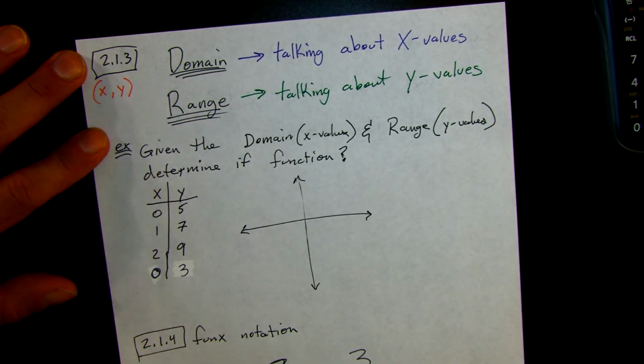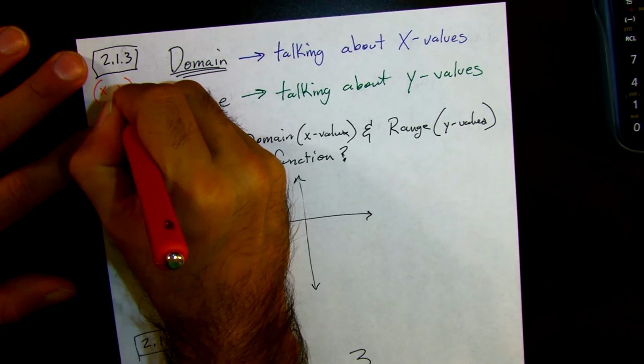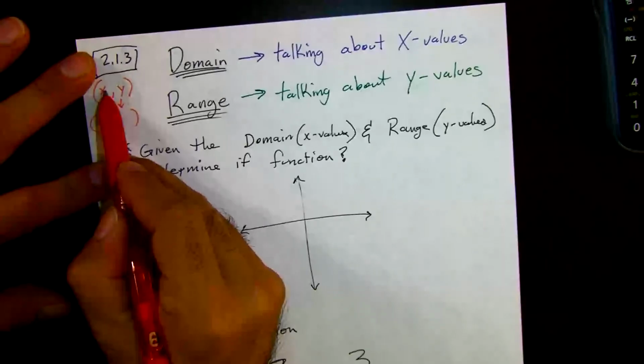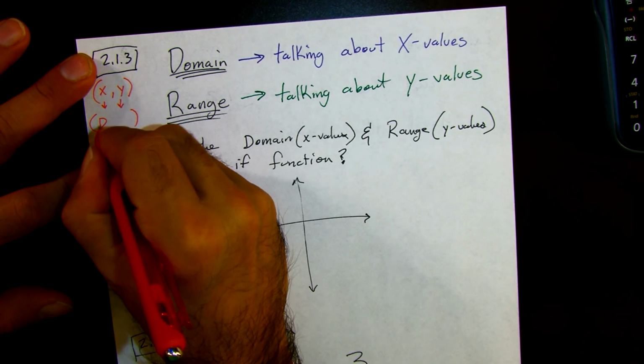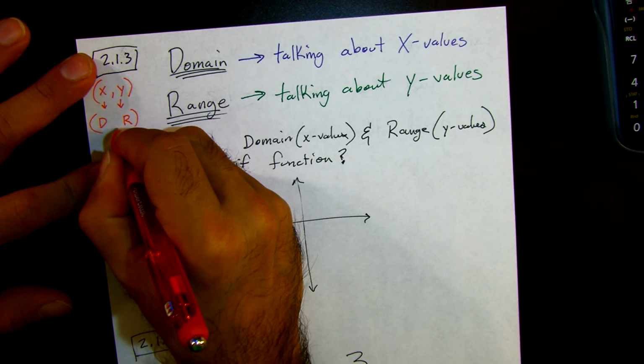Q, R, S, T, U, V, W, X, Y, Z. It's always in alphabetical order. If you're confused in math, well, which one comes first? I don't remember. It's always in alphabetical order generally, like 95% of the time. So this is how I relate this: if I'm talking about X, I'm talking about the domain. If I'm talking about Y, I'm talking about the range.